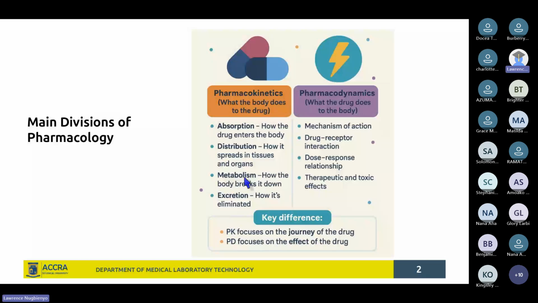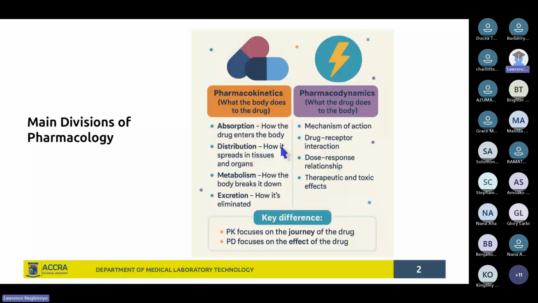And then excretion, which is to say that biotransformation is an aspect of pharmacokinetics. So then you have absorption relating to how the substance gets into the body, distribution, how the substance gets to all the parts of the body after the drug is taken in, how it gets to all the tissues, all the organs. Metabolism, you will talk about the changes that occur to the substance that has gone into the body. And then finally, excretion through different routes. You have excretion of the substance out of the body.